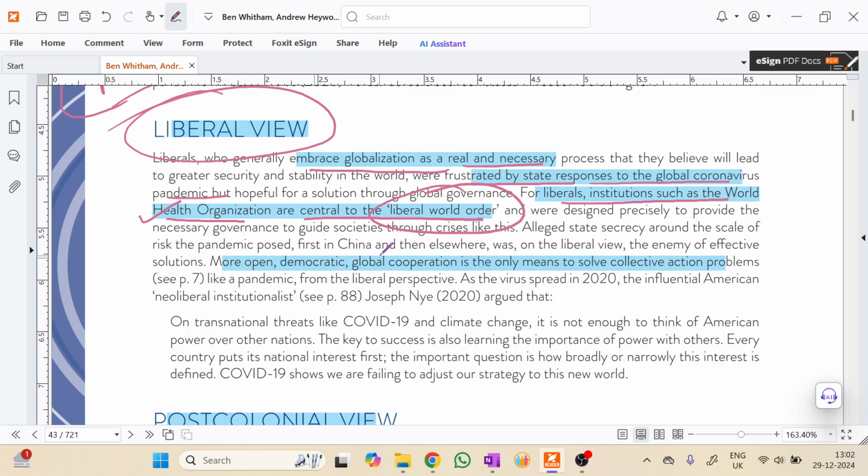By this, it means that liberalists believe that organizations which are there to handle respective crises, such as the WHO, which has been given the responsibility to deal with global pandemics, should be given a say when it's their jurisdiction or their task to act.